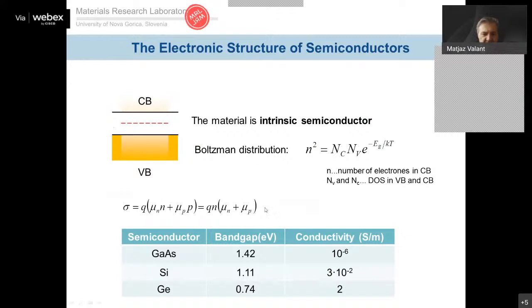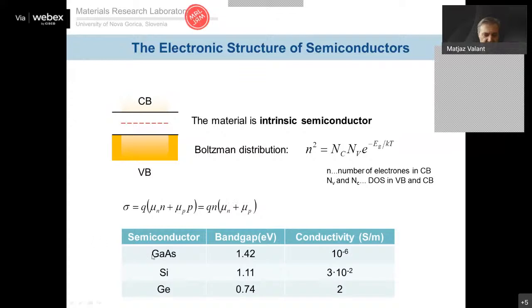And from the number of the charge carriers, we have already defined the conductivity of such a semiconductor. So the conductivity is equal to the number of charge carriers multiplied by the sum of their mobilities.